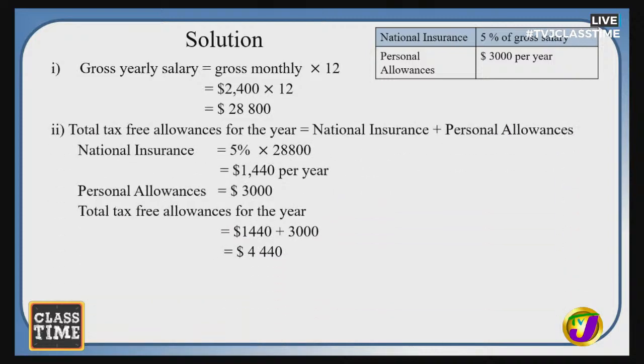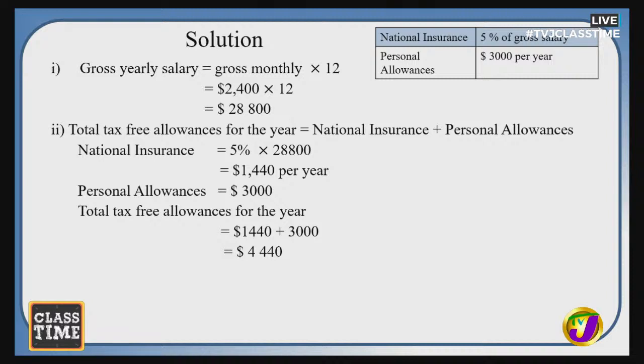The total tax-free allowance for the year would be 5% for her national insurance, and that amounts to $1,440 per year. And her personal allowance for the year is $3,000. So the tax-free allowance, on which she pays no tax, would be a total of $4,440, and we just find the sum to give us the total.